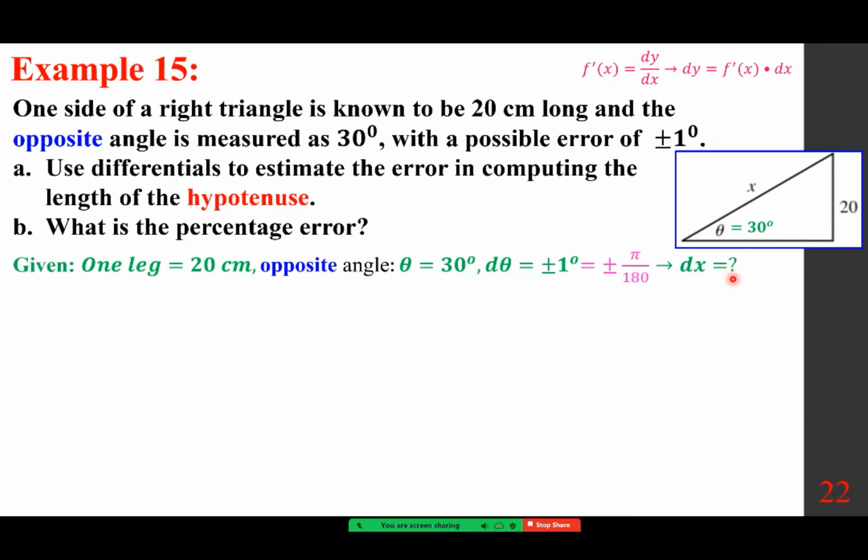And dx is a question mark. You want the possible error in the length of x, the hypotenuse, which we call x.